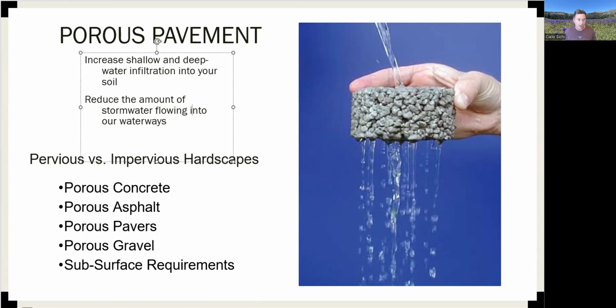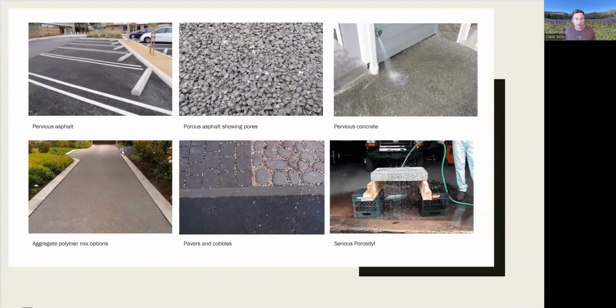Okay, so when we're looking at pervious asphalt and concrete, pervious asphalt is a different type of asphalt mix that allows water to flow through it. Pervious concrete is still concrete, but no sand is used.